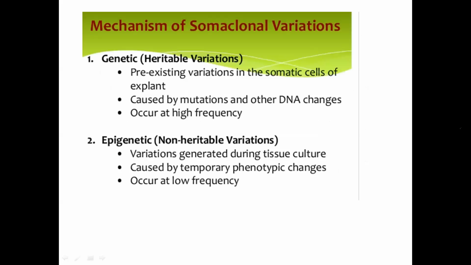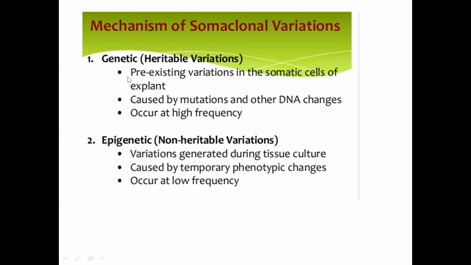When you say somaclonal variation, it is both genetic and epigenetic. Some time before in the lecture, I told you about what is epigenetic. Genetic is heritable, we all know. Variations may already exist in the somatic cells.